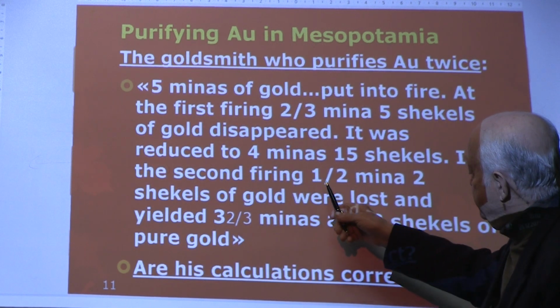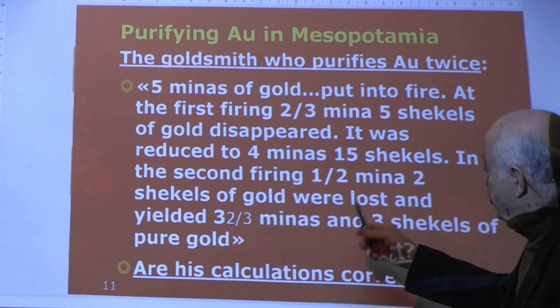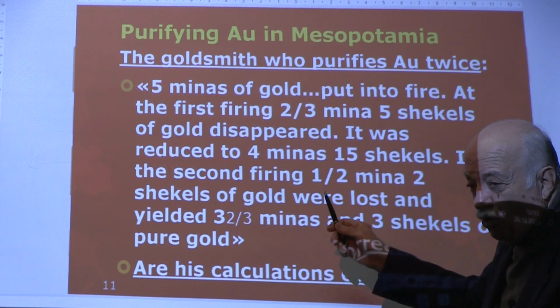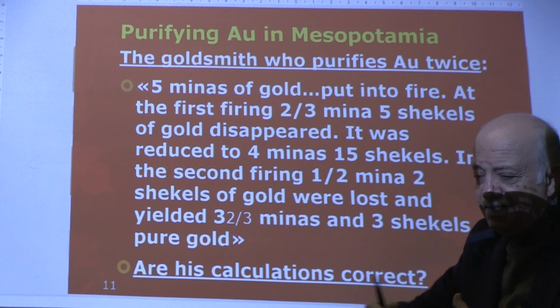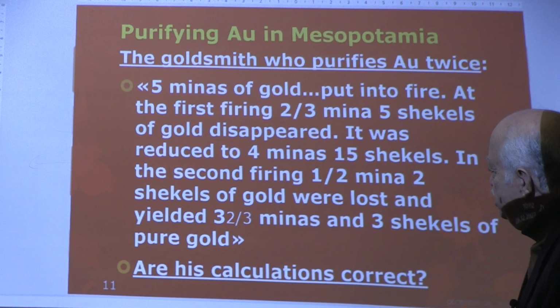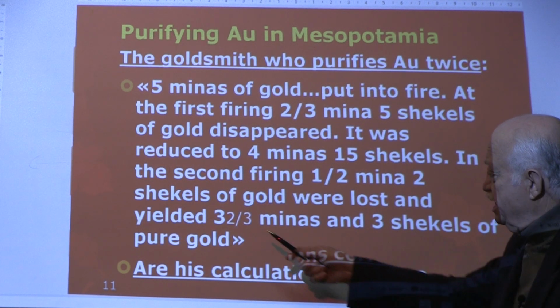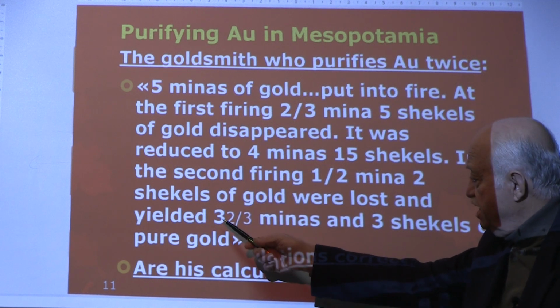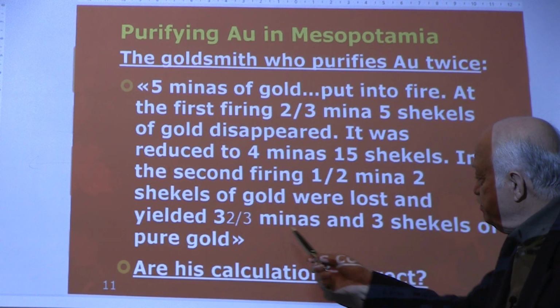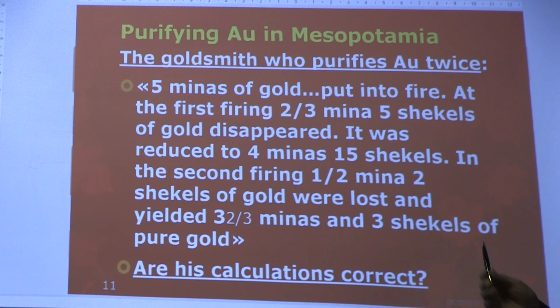In the second firing, 1/2 minas, 2 shekels of gold were lost. You see, the loss is smaller because it purified once. In the second time, it loses some more. And then finally, I obtain, he says, 3 times 2/3 minas and 3 shekels of pure gold. So you can check this out if it is correct.